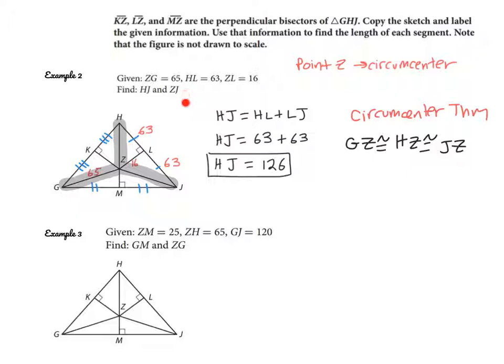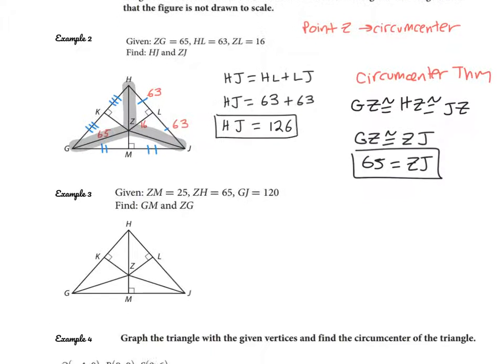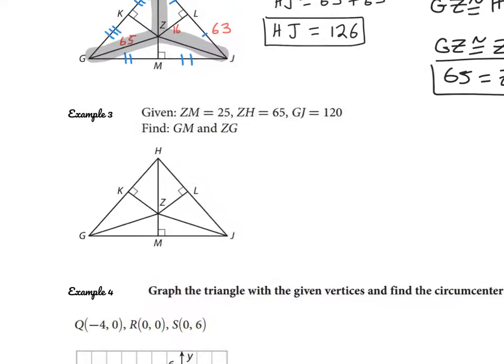They're asking us to find ZJ, which is the same as JZ. So GZ is congruent to ZJ. GZ is 65, so that's what ZJ is also equal to. Again, the circumcenter theorem tells us that the distance from the circumcenter to each of your vertices is going to be equal.